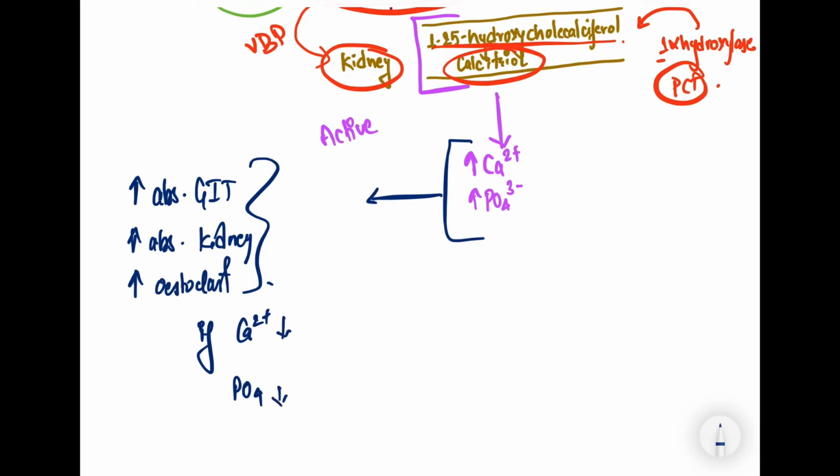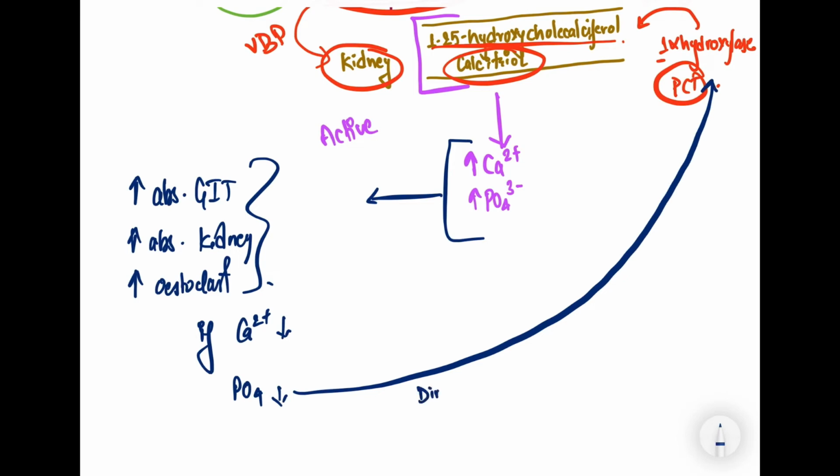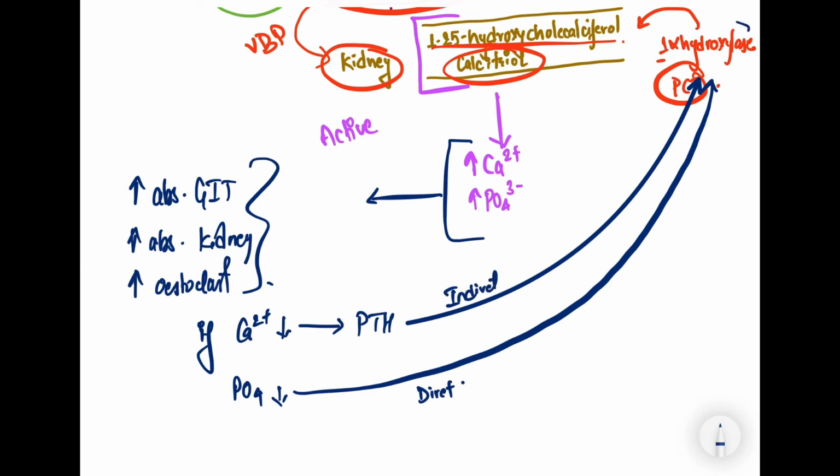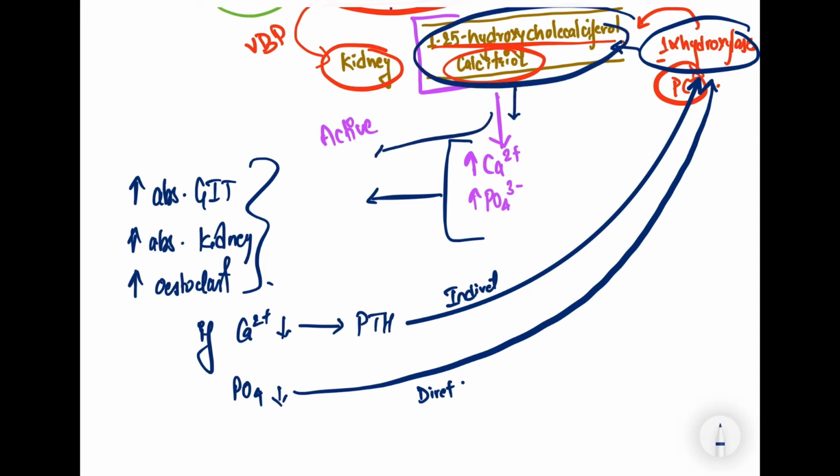Phosphate directly stimulates production of 1-alpha hydroxylase, that is direct stimulation, whereas calcium stimulates parathyroid hormone, which in turn stimulates 1-alpha hydroxylase, that is indirect stimulation. Now this 1-alpha hydroxylase stimulates calcitriol, and again the level of calcium and phosphate is balanced in the blood.